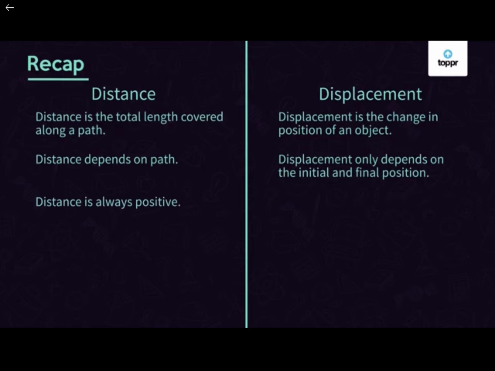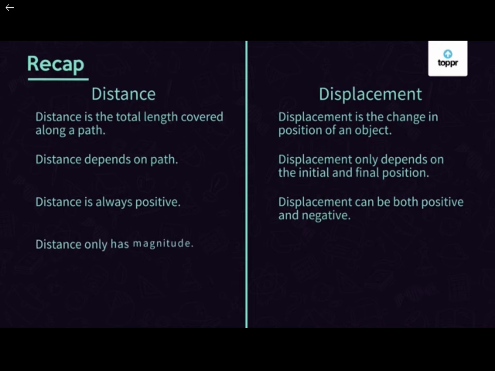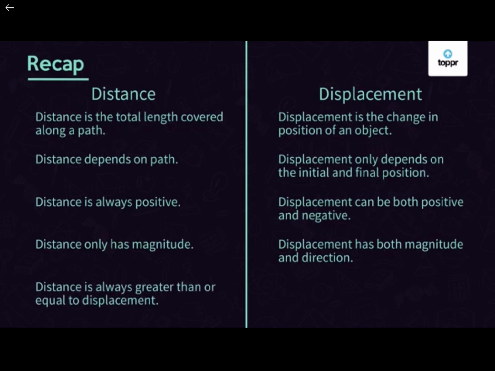We saw that distance is always positive, while displacement can be both positive and negative. We also saw that distance only has magnitude, while displacement has both magnitude and direction. And finally, we've seen that distance is always greater than or equal to displacement, while displacement is always less than or equal to distance.